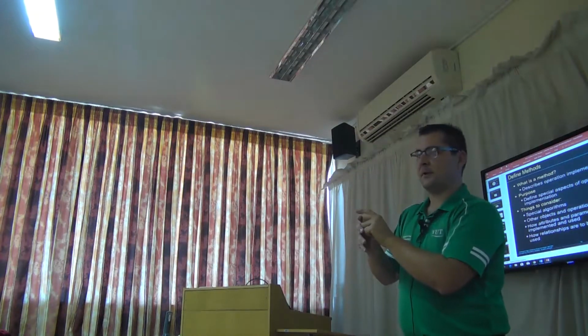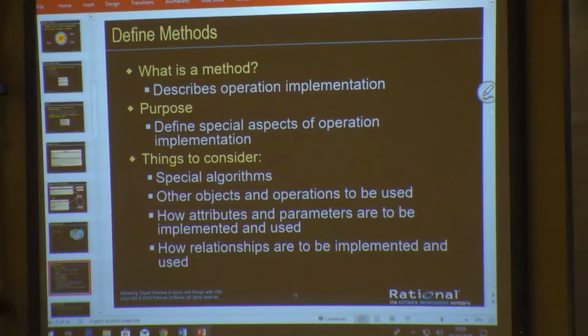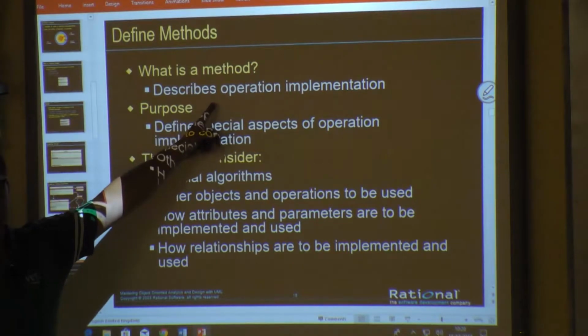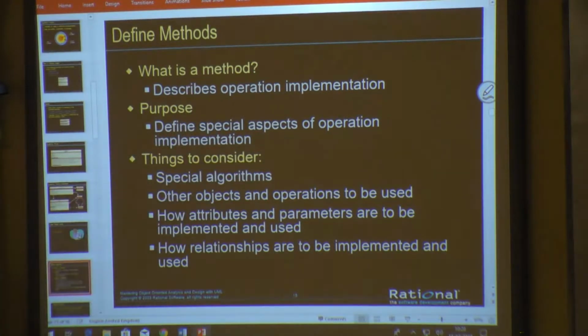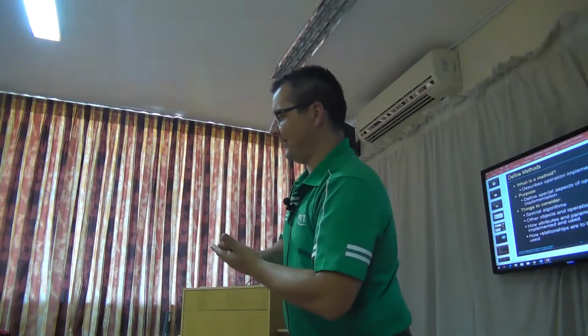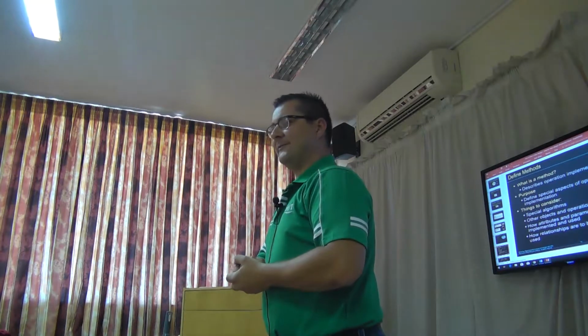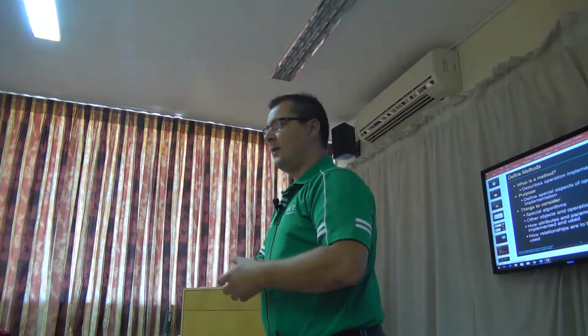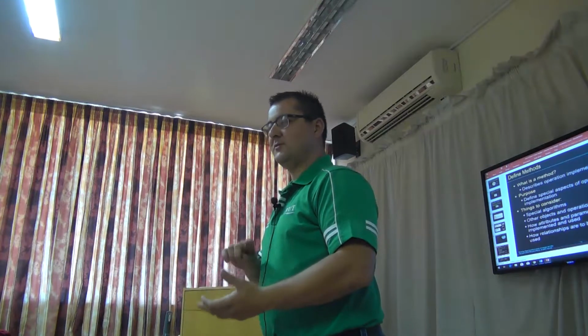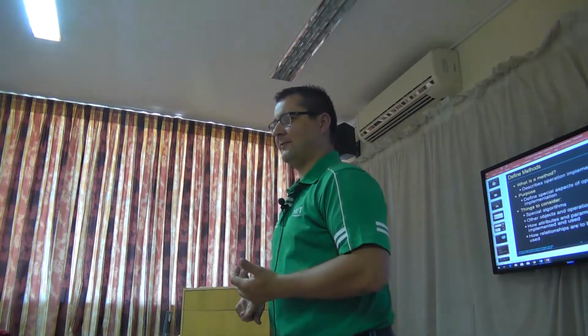As we said, a method is really describing the operation's implementation. It's not a matter of saying, we have this operation, we are going to get the balance. But what is involved in getting the balance? If you are at an ATM, what is involved in getting your balance?